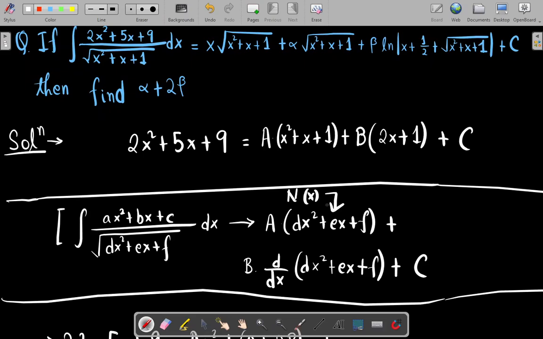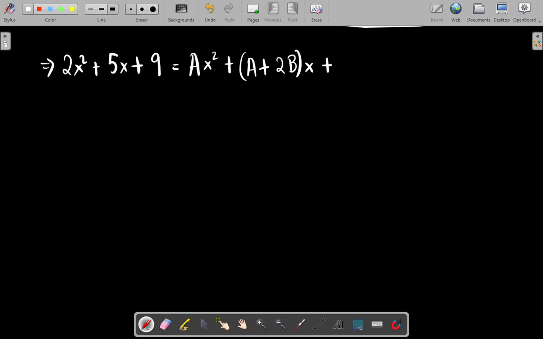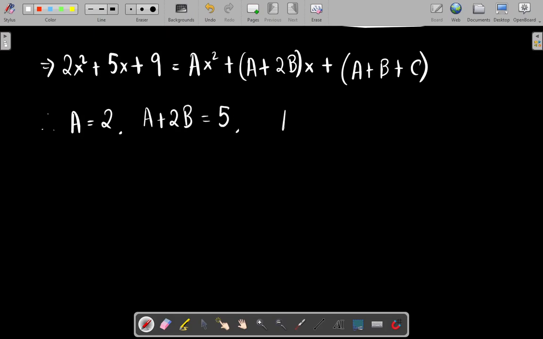For the constants, a times 1 is a, b times 1 is b, and c times 1 is c, so the constants become a + b + c. Now if we equate the coefficients, we get a equal to 2 from the coefficient of x². Equating the coefficient of x, we get a + 2b equal to 5, and a + b + c equal to 9.